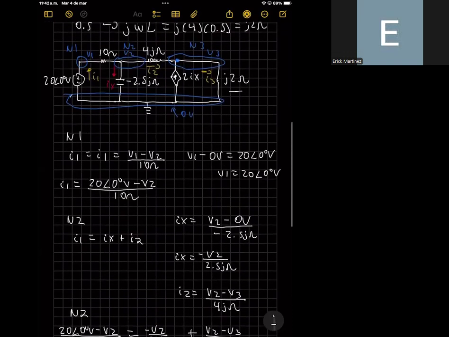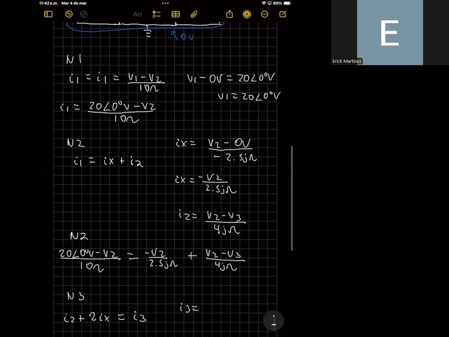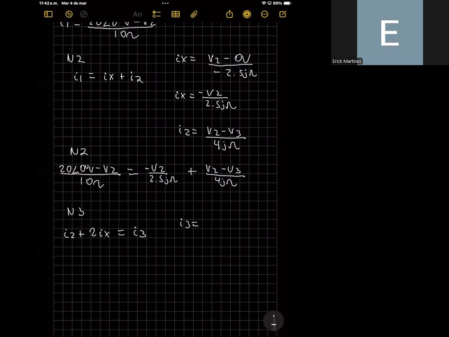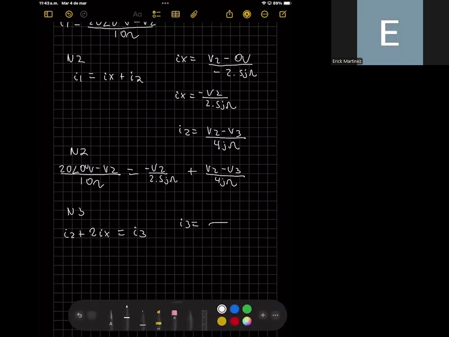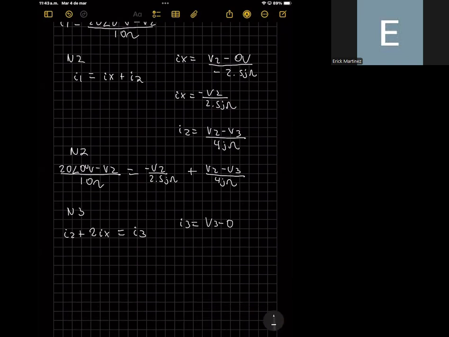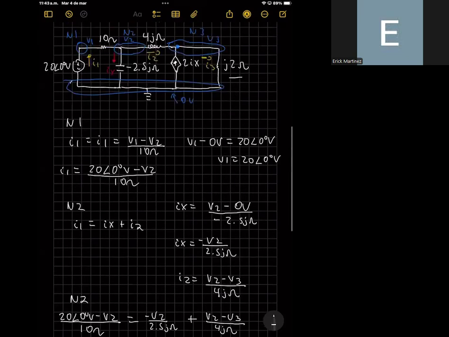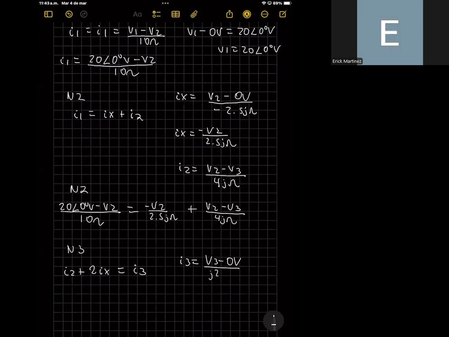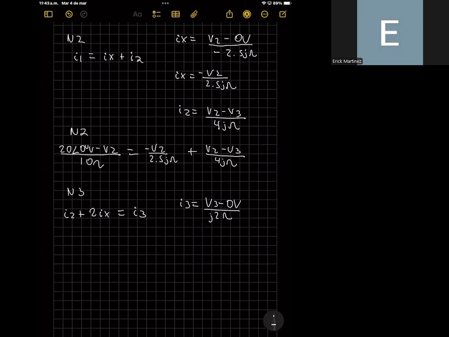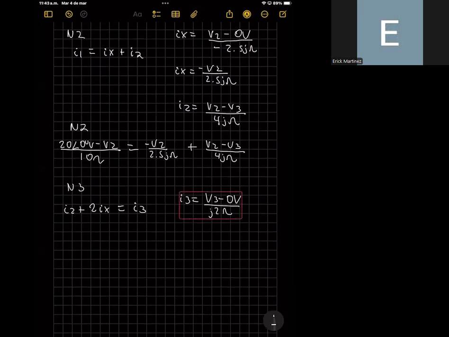And we can compute the voltage in this element as the difference in voltage between node number 3 minus 0 volts. So we have here V3 minus 0 volts divided by J2 ohms, okay?